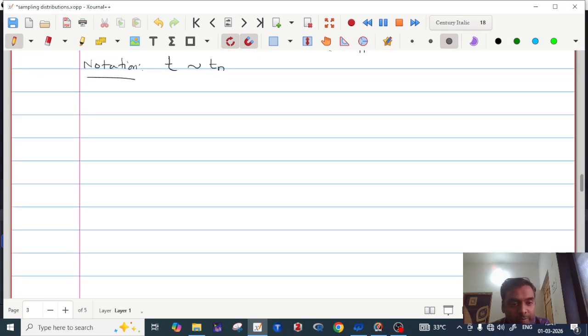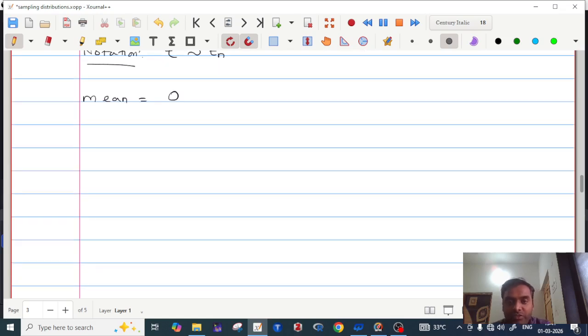If t follows t with n degrees of freedom, then its mean is 0. This distribution is symmetric around this mean 0. The t distribution is symmetric about its mean.